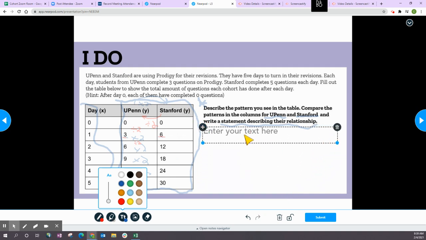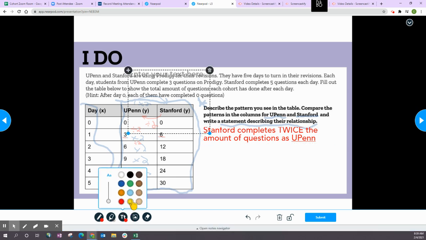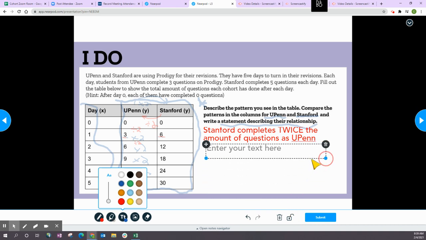I could either write Stanford completes twice or 2 times the amount of questions as UPenn, or I could write it as UPenn completes half the amount of questions as Stanford.